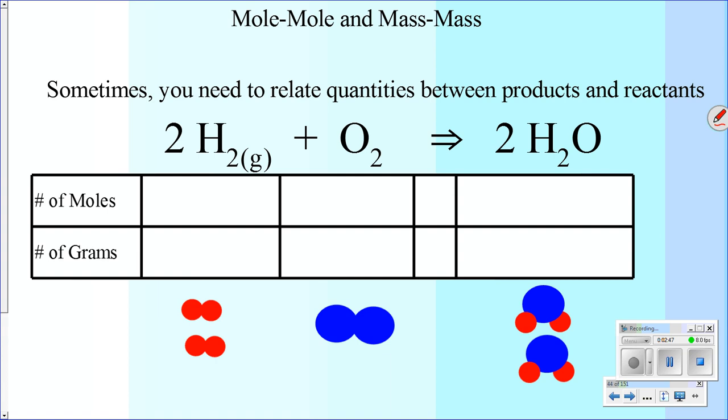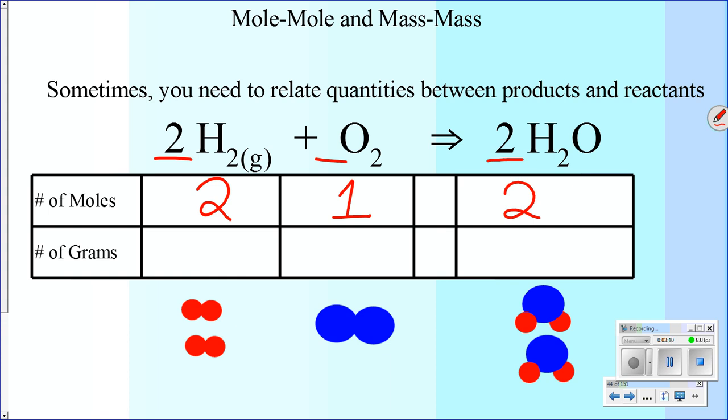So if we need to relate quantities in a chemical reaction and we take a balanced reaction such as this one, our relationships are actually based on the coefficients. So in this reaction, we're reacting 2 moles of H2 with 1 mole of O2 to get 2 moles of H2O. Now we can also look at the grams involved here.